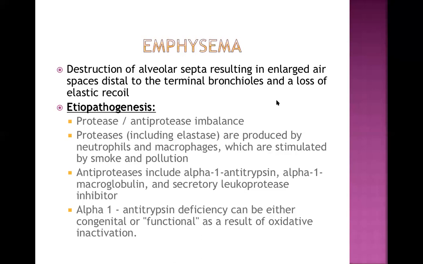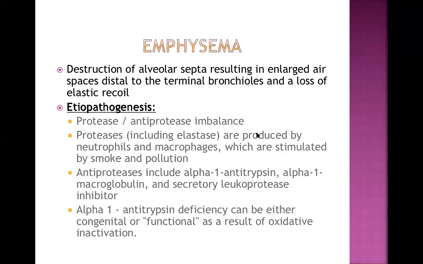Now without proper expiration, what happens to the air which is collected inside the lung? It will remain there, isn't it? There is over distension of the lung. This is a very important feature in emphysema. Just print this knowledge in your mind. Emphysema means over distended lung. The lungs become huge. This is a very important point.